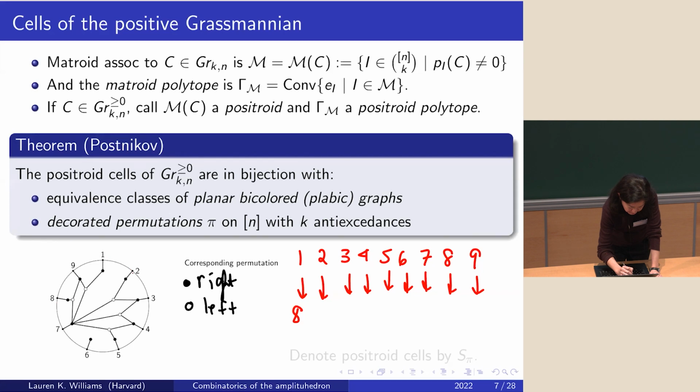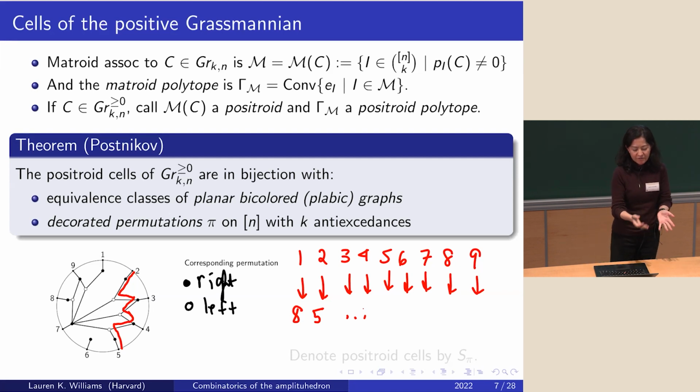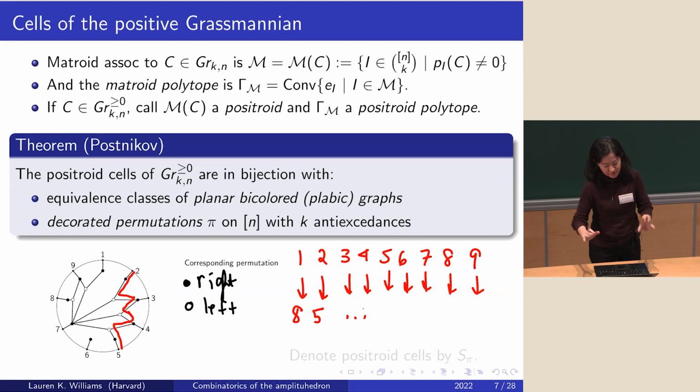If we start at 2, we see a black, turn right, see a white, turn left, see a black, turn right, see a white, turn left, see a black, turn right, see a white, turn left, and then we end up at 5. I haven't said yet how positroid cells are in bijection with either of these objects, but I've just explained a link between plabic graphs and these permutations.